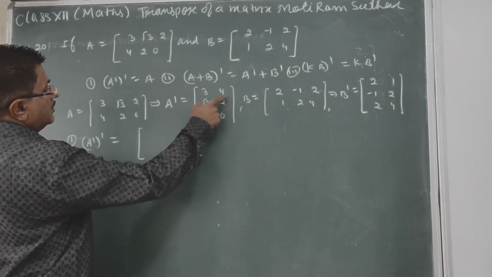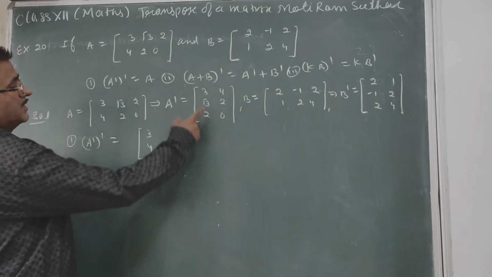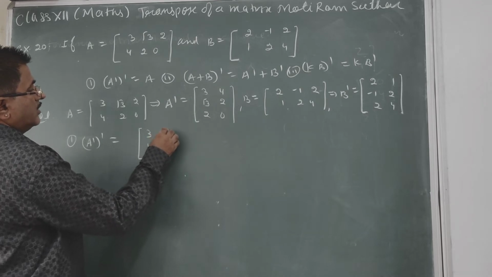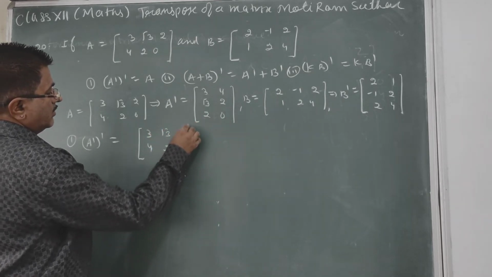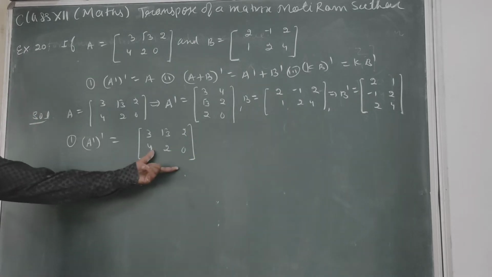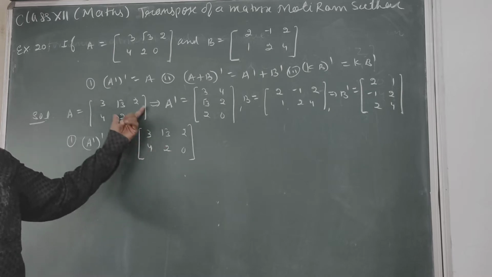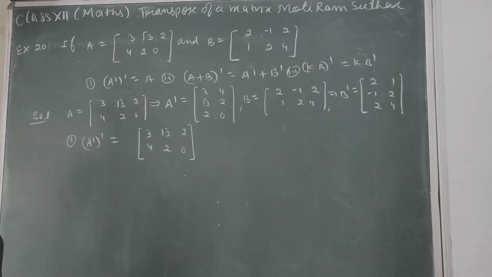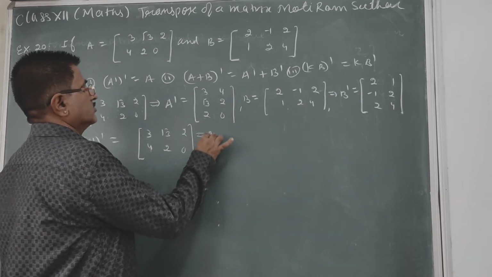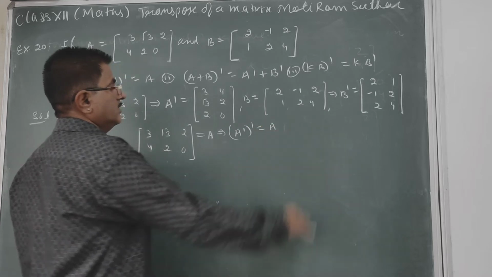The first row converts into the first column, the second row converts into the second column, the third row converts into the third column. So this is the value of the given matrix A. These two are the same, equal matrices. So one can write it is equal to A. So the first part is proved, that A transpose transpose equals A.